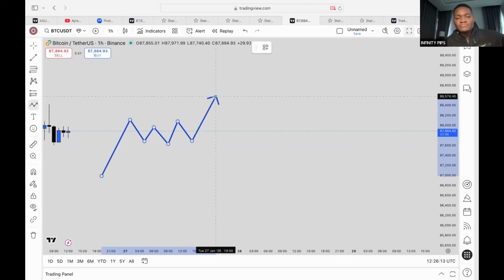It will do boom, then come back again. It will do small, small movement, as if it wants to buy, come down, then boom. This is actually the way the market moves most of the time.